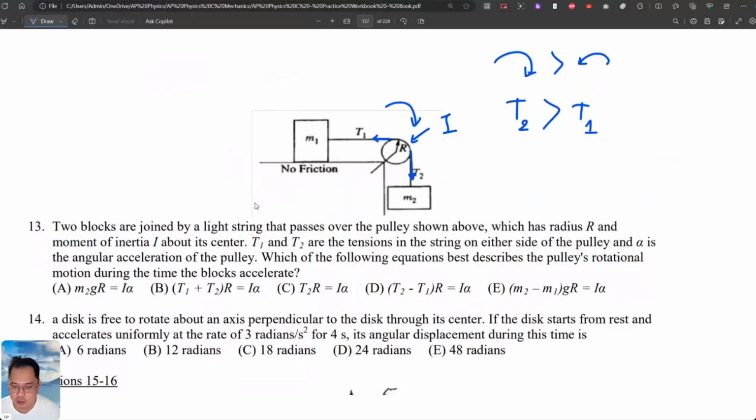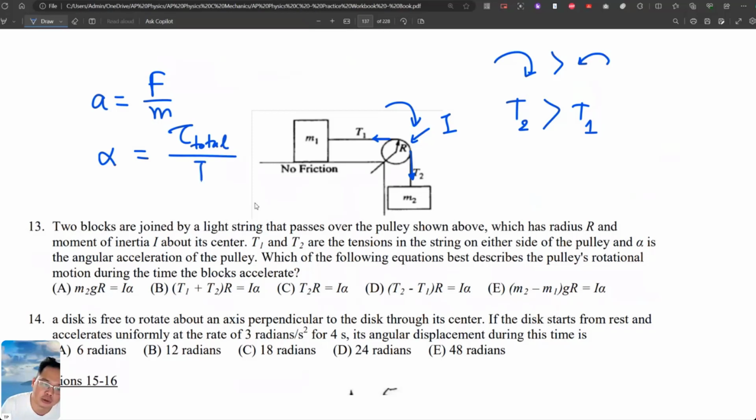Which of the following equations best describes the pulley's rotational motion during the time the blocks accelerate? Rotational, similar to the equation a equals F over m, we have angular acceleration alpha equal to the net, resultant torque divided by the rotational inertia I. The torque is T2 times the radius minus T1 times the radius, divided by the moment of inertia I, given.